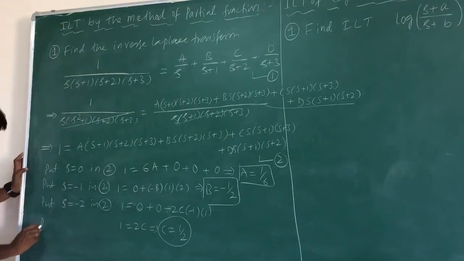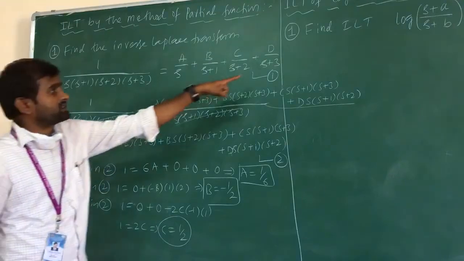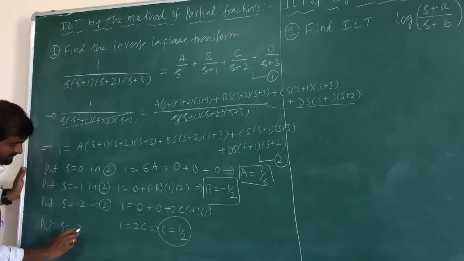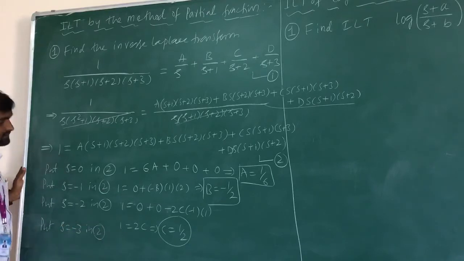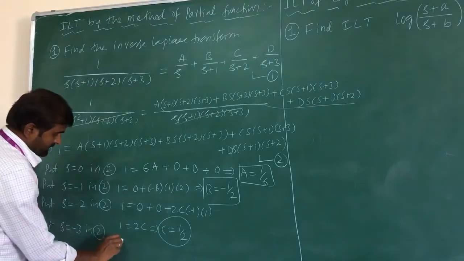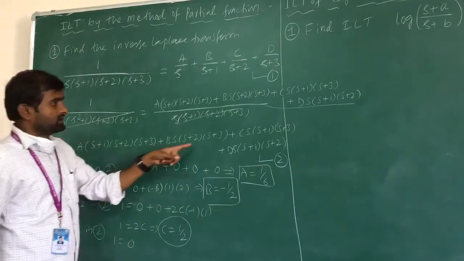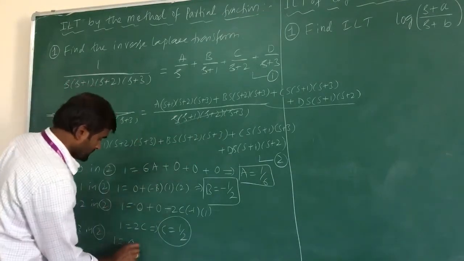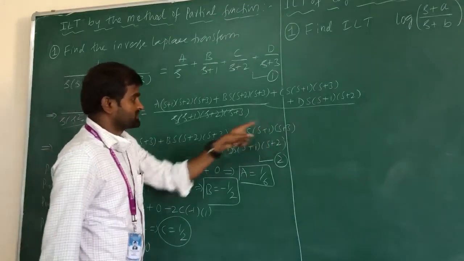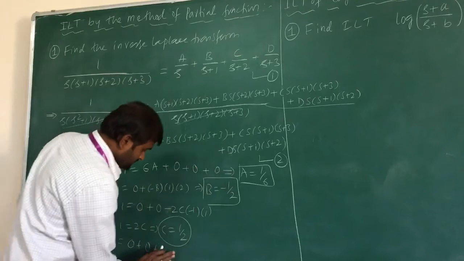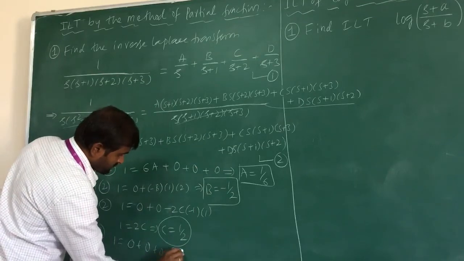Similarly, d. Now put s equal to minus 3, then 1 equals, so minus 3 plus 3 is 0, so the whole term is 0. Here minus 3 plus 3 is 0, so that also is 0, and c also 0, and then d is minus 3 into d.